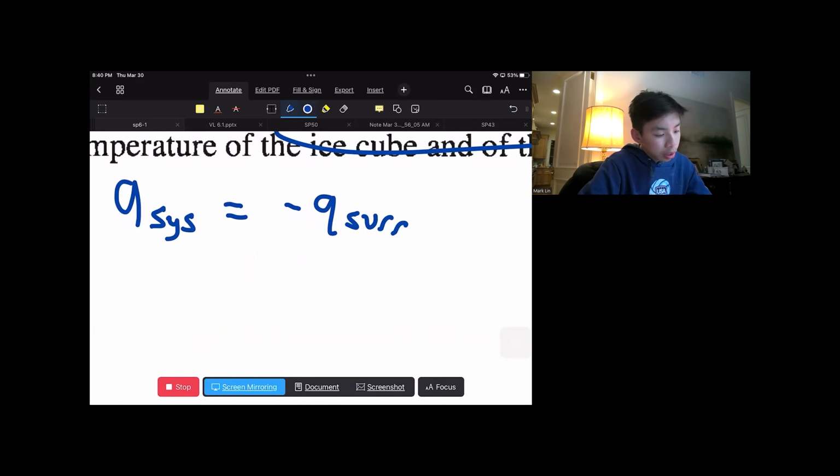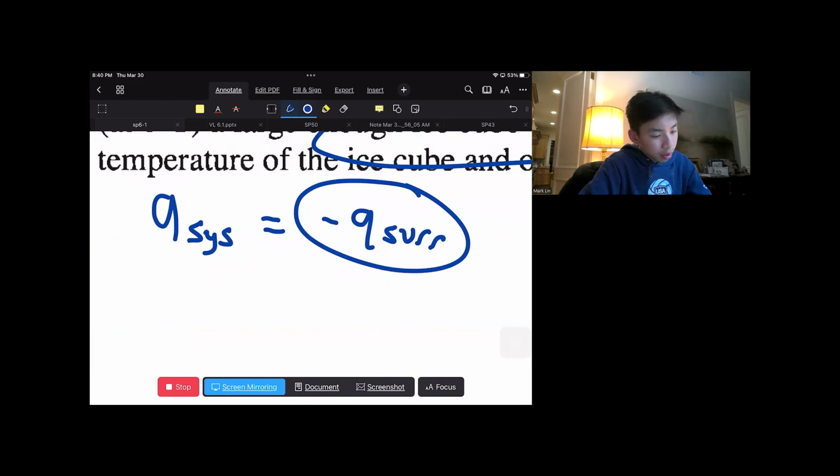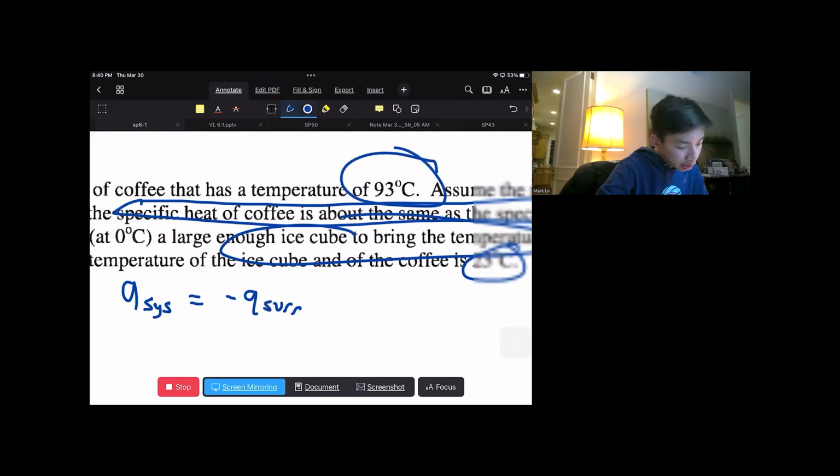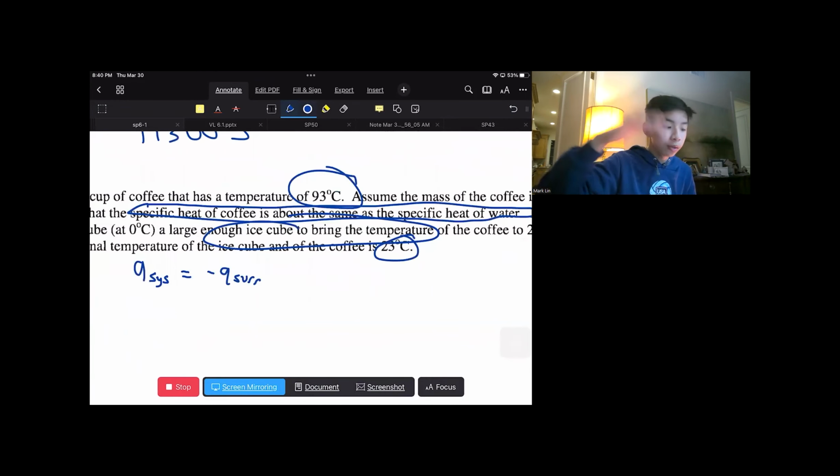Okay, so let's look at the energy we need at least. We need to look at the Q surroundings, because we know that the surroundings go from 93 to 23. We need to see the energy to bring the temperature down from 93 to 23.